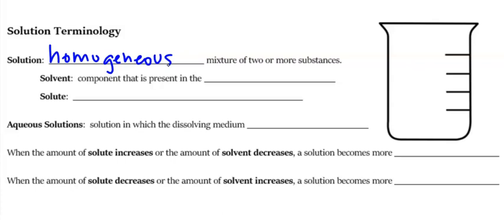So they have two parts always. The solvent is the component that's present in the greater quantity. So what you have more of. This is typically going to be what does the dissolving. The solute, on the other hand, is what you have then in the smaller quantity.